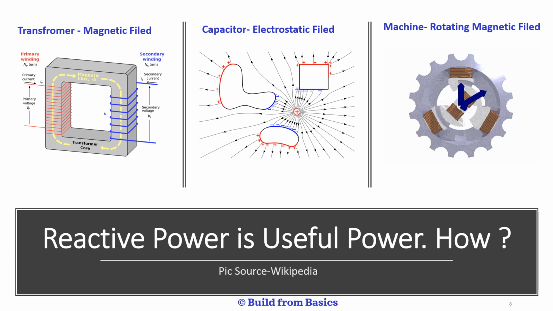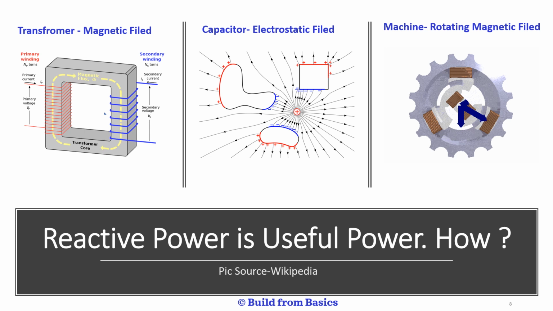For example, we use shunt inductors to minimize the voltage rise due to the Ferranti effect. You know the Ferranti effect: the receiving end voltage of the transmission line will increase, particularly in lightly loaded condition.